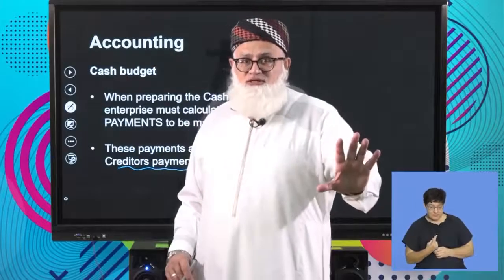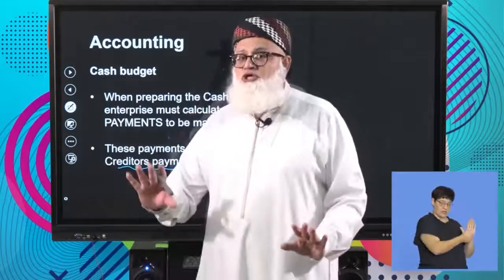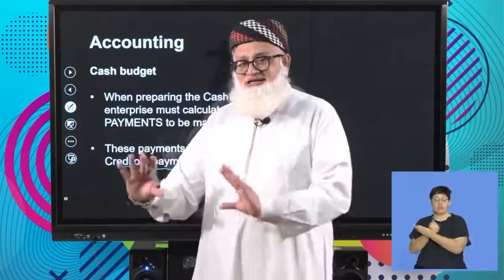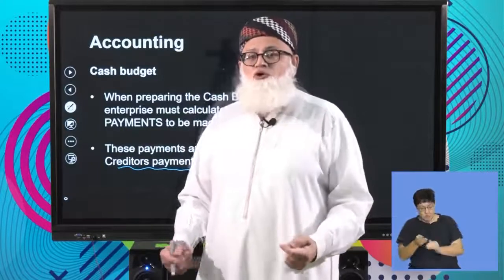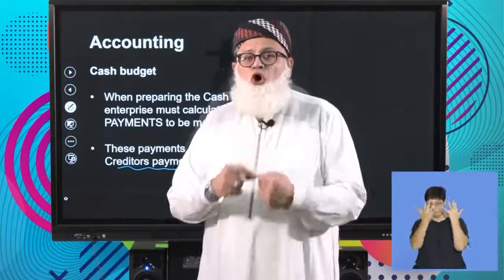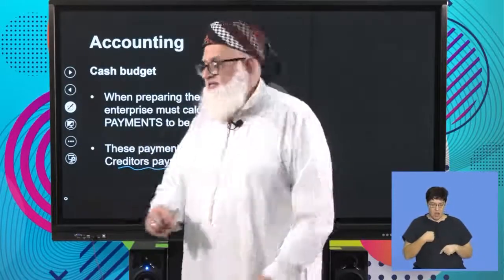Debtors collection, you needed your credit sales. Creditors payment, you need your credit purchases. But it's not just the credit purchases that you require. You will have to use the information that you are given in order to calculate your credit purchases, and then you will be able to work out your payment to your creditors.